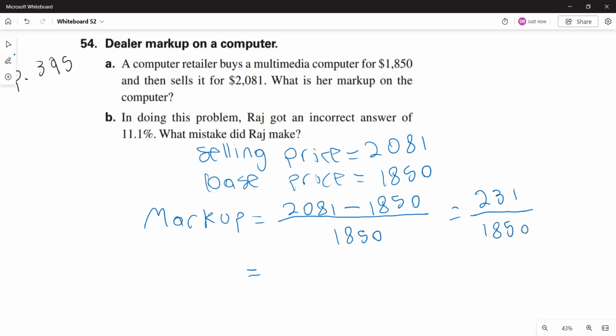As a decimal, this is approximately 1/8, and as a percent, the markup is 12.5%.